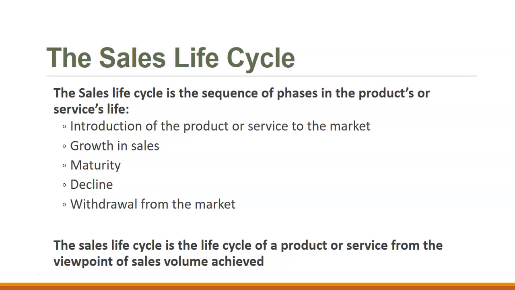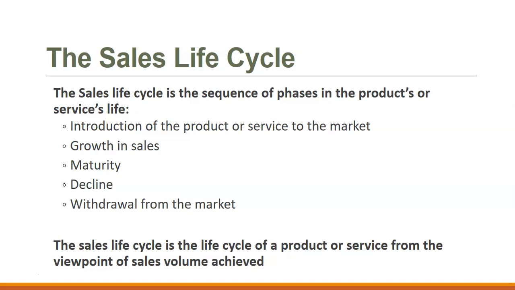Our sales life cycle is the amount of time that we're selling the product. So this is our marketing life cycle. When we're introducing the product or service to the market, we first see a growth in sales, and then that product becomes mature.